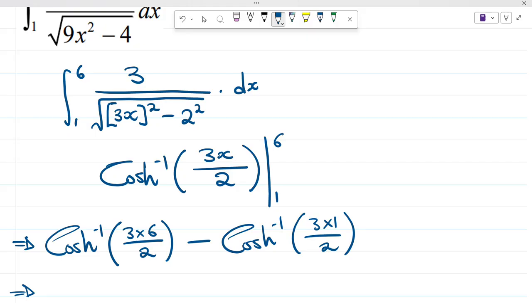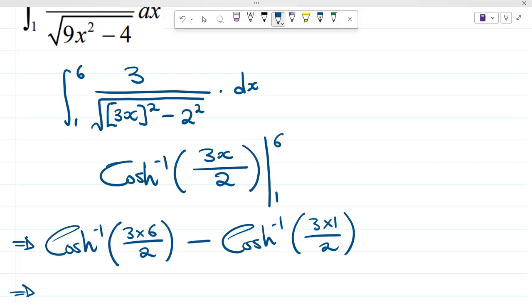So I'm punching now in the calculator. Be patient with me. So that's arccosh of 3 times 6 divided by 2, minus arccosh of 3 divided by 2.